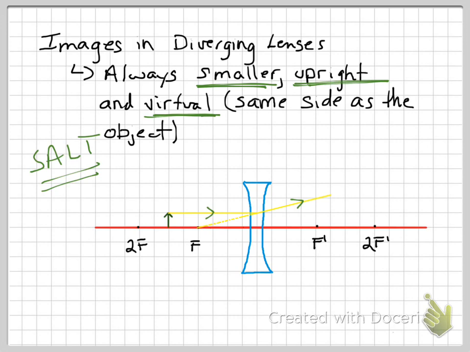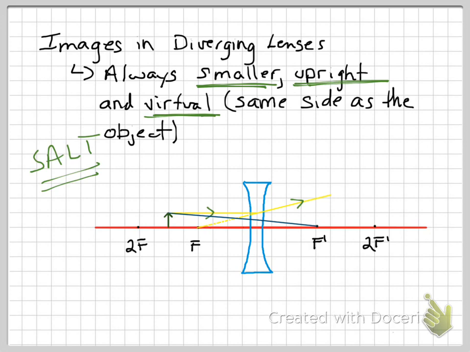The second ray that goes through, and we'll just draw this one blue, is going to again start from the top. It's going to hit the optical center in such a way that if I extended this line, it would go through that focal point.